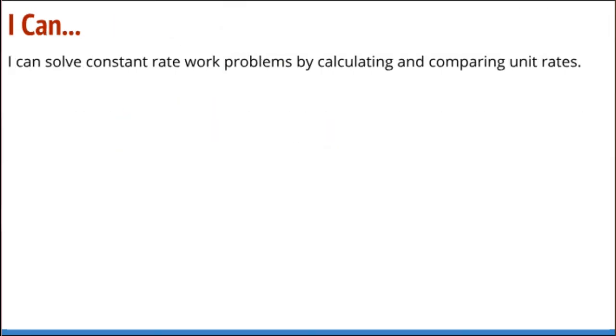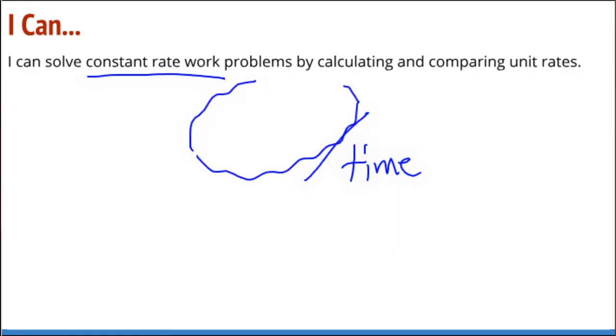All right, so taking a look at the I can statement, I can solve constant rate work problems by calculating and comparing unit rates. So remember, constant rate is we have something happening over time. Something is going on here. Lawns per hour, chores per week, naps per day.